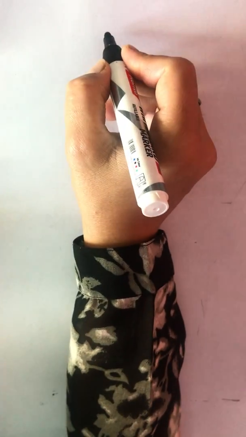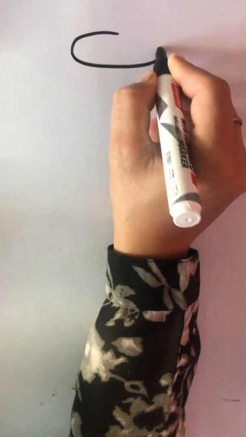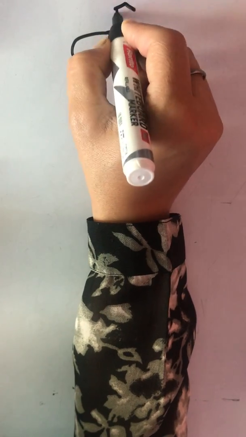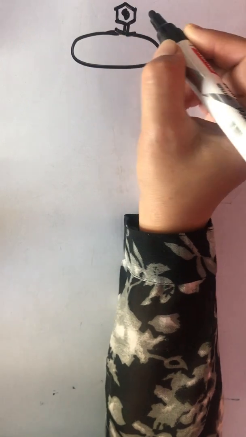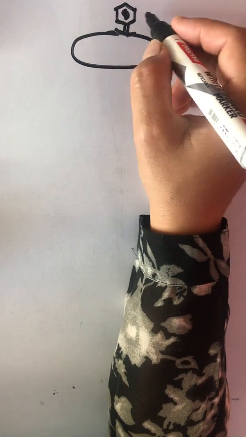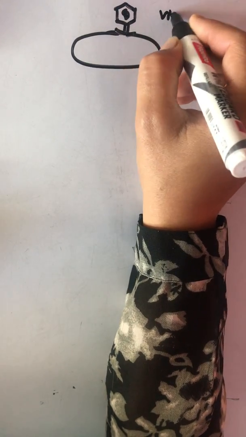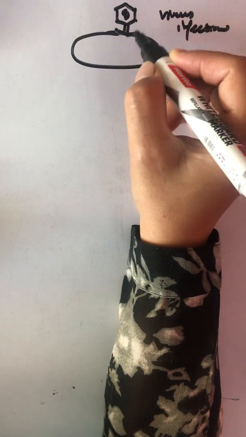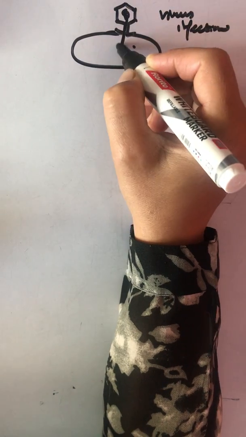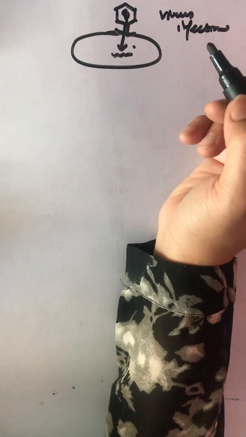I'm taking an example of a bacteriophage. You know what this is? It's a virus infecting bacteria. Bacteriophage. It has its own DNA. Now what will happen whenever there is a virus infection? The virus protein coat never enters the cell body. It's the nucleic acid which enters the cell.